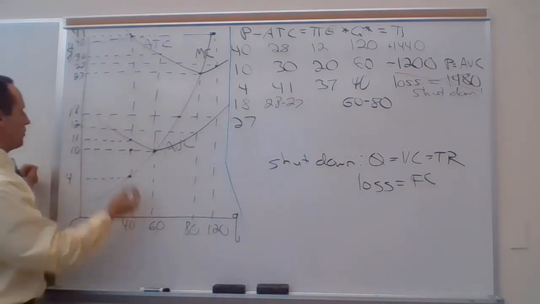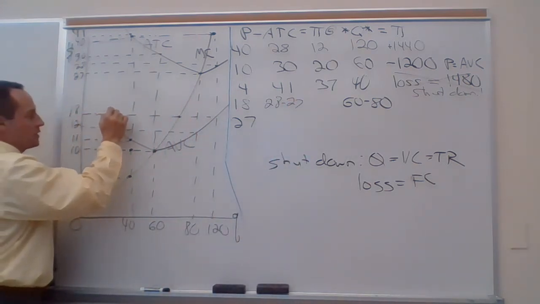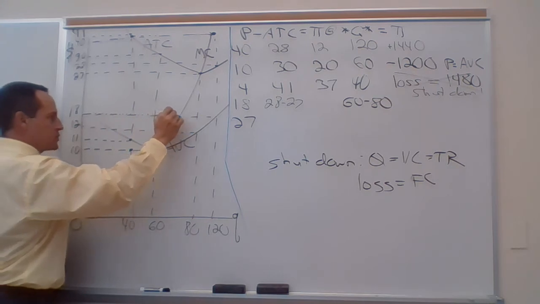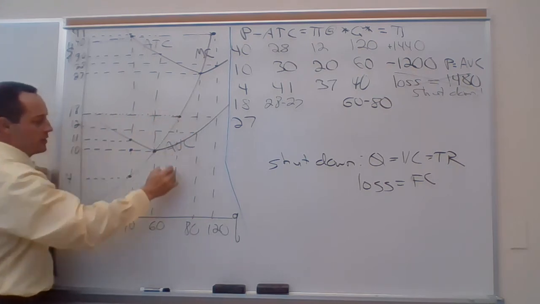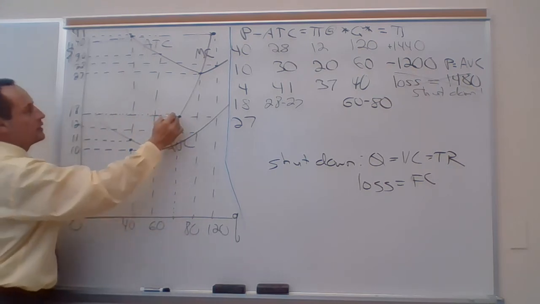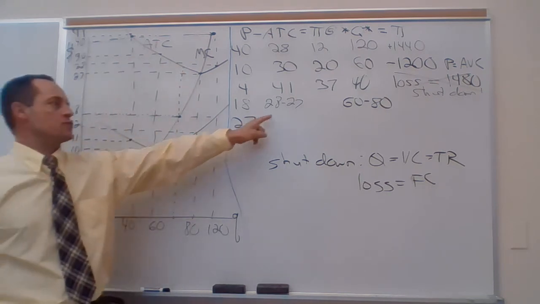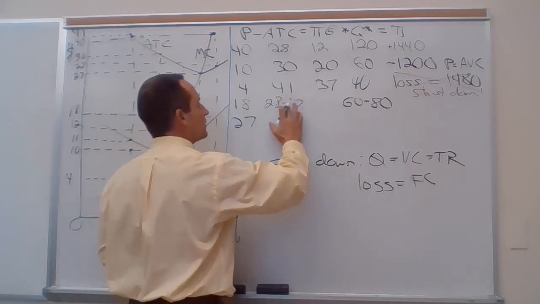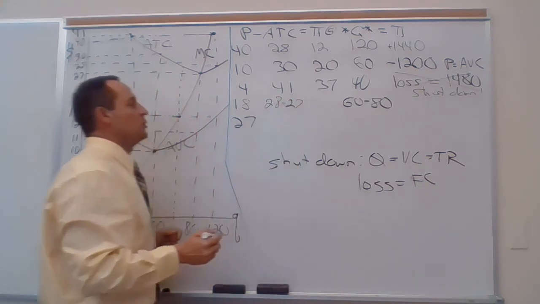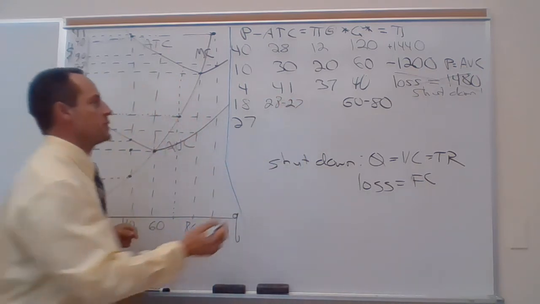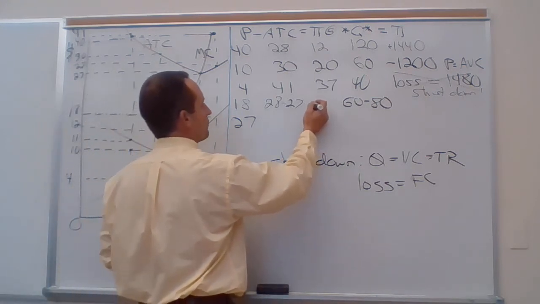Where do I get that from? Well, here's 18. Here's my marginal cost. I follow it until it hits marginal revenue right there. So it looks like about 70. And it looks like our ATC is 27.50 or somewhere between 28 and 27. So I'll be losing roughly about $10 apiece.